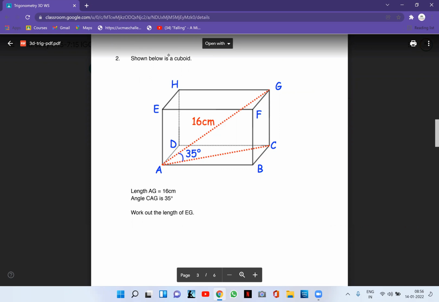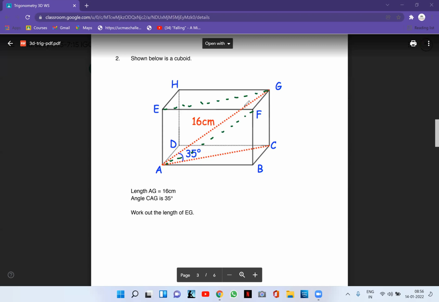If this length AG is 16 centimeters, let us make this small diagram first. I want to find EG.